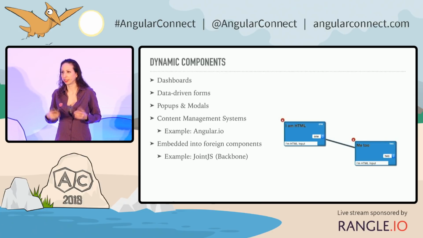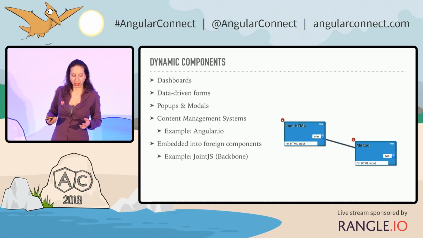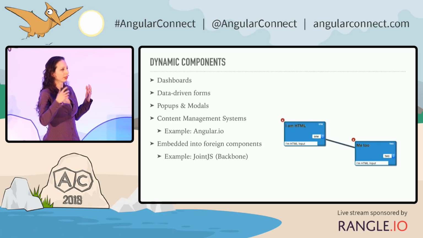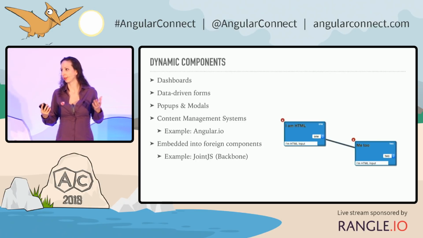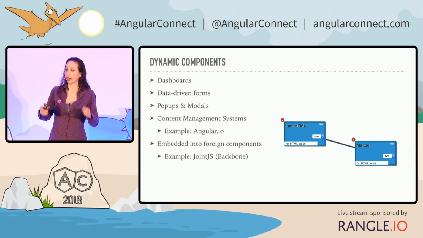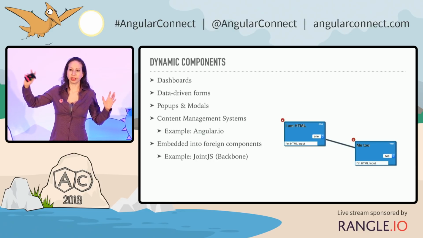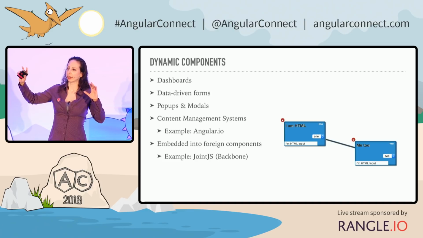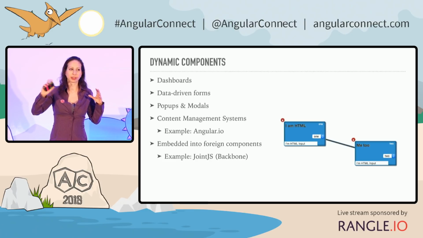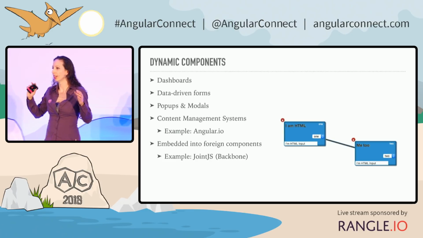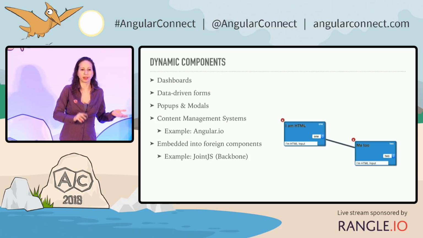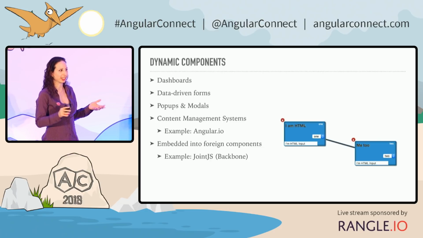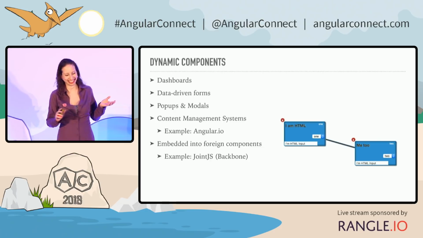Another use case that I've dealt with: I was developing an application in Angular that is used for creating diagrams. The diagrams are in SVG, and we were using another framework for that that's written in Backbone.